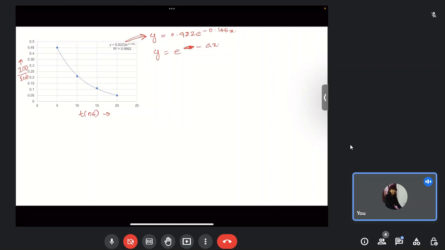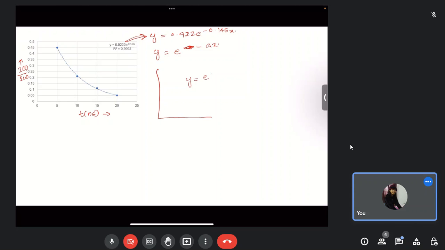I'm sorry, I won't be able to fit it. The plot is slightly wrong because we are supposed to fit it without a pre-exponential factor. We are supposed to fit it to an equation like e raised to minus some particular number, which is the decay rate.